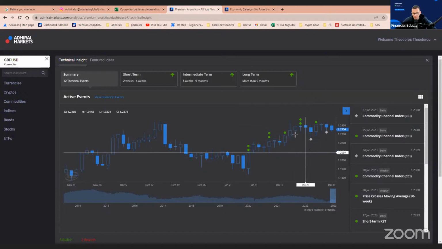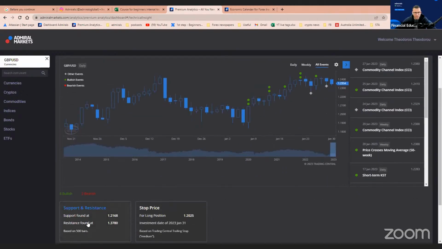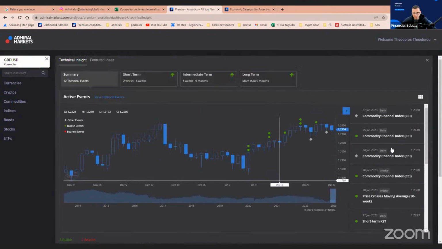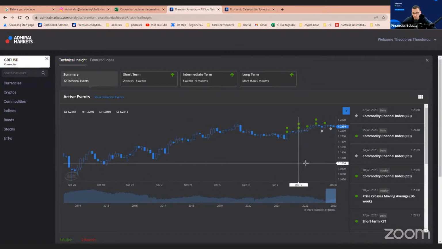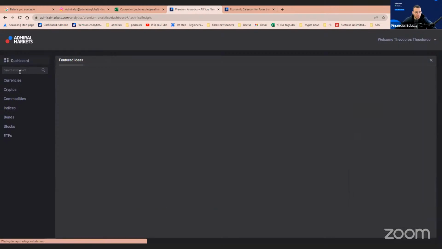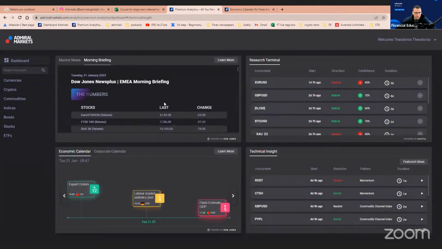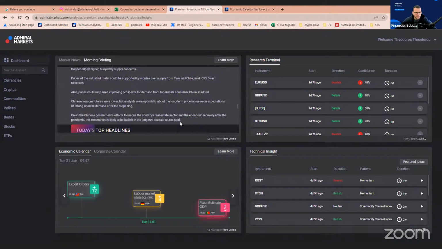Then you can buy at this price, and you can have your stop loss at this price. So it gives you insight. I use it a lot to validate some of your ideas, or if you don't know where to start your day trading, you can always refer here, and it's very helpful.